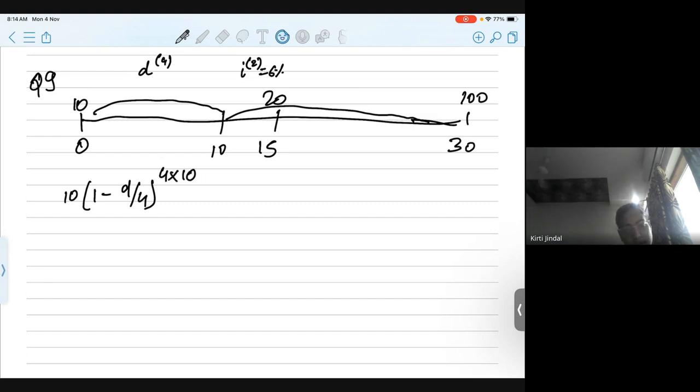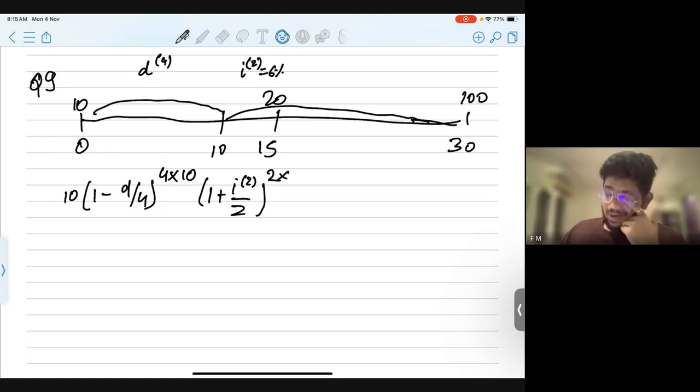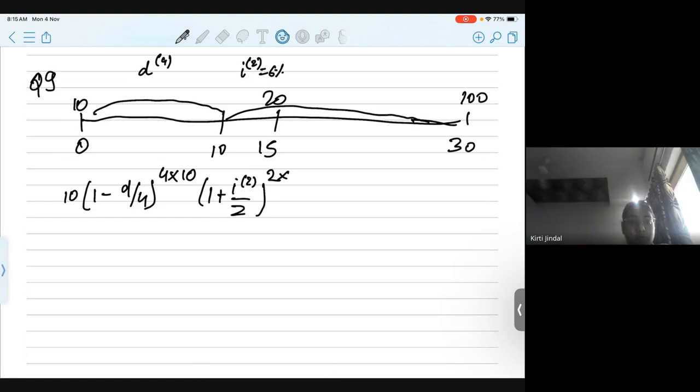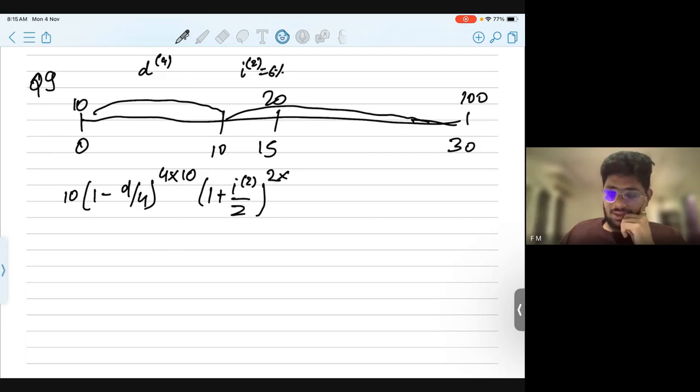Now for the next 5 years it will be I2 by 2, raised to power 10. 10 to 15 is 5 years, after that the 20 is deposited. 10 is different, 20 is different. 10 is deposited separately, 20 is deposited separately. Both of those cash flows get accumulated to 100.